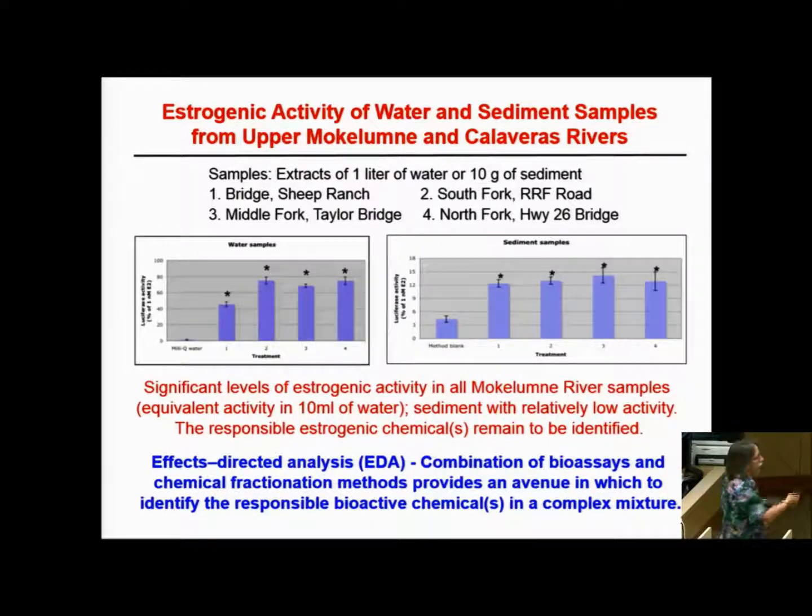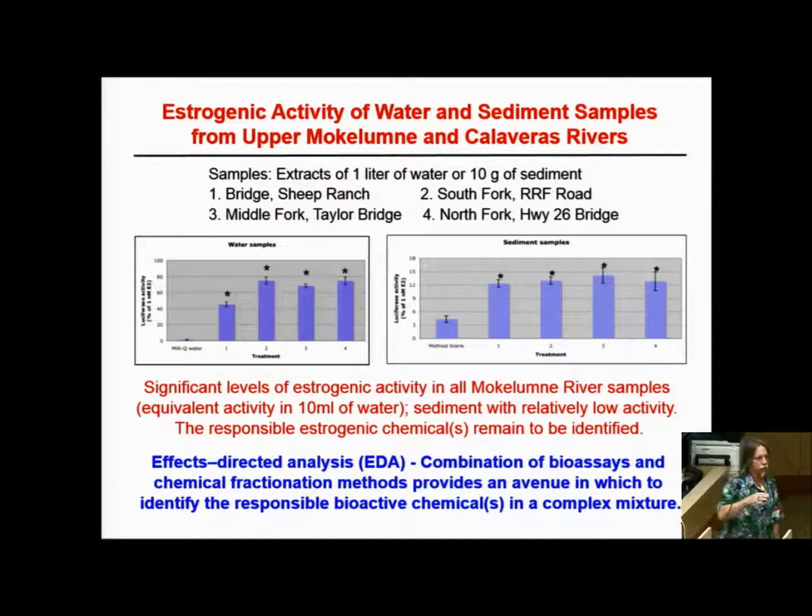For those people that are interested in concentrations, they worked out to be, in this case, this is activity in the equivalent of 10 milliliters of water. So it's almost activating this fully. Works out to about 80 picograms of estrogen per liter of water, which is huge. The issue here is that we don't know what the chemical is yet, or what's the responsible compound, but it was present in each of these.